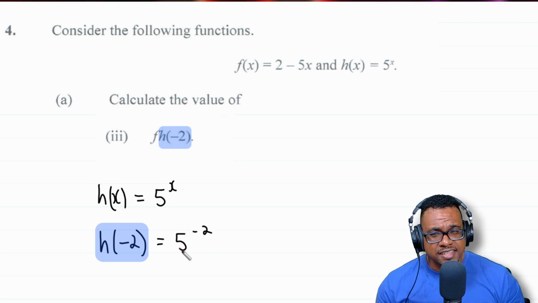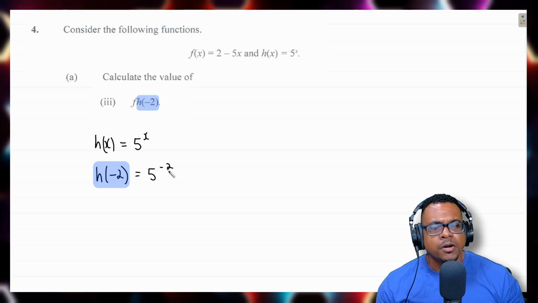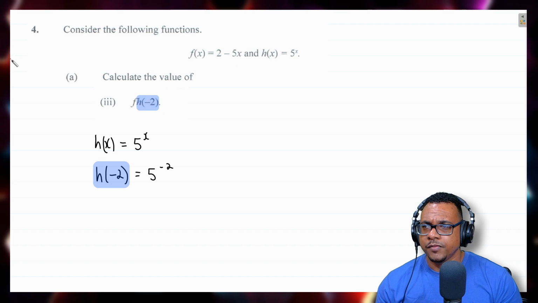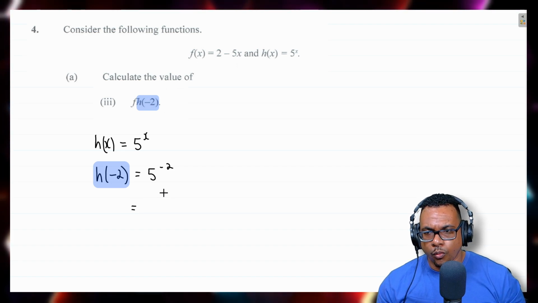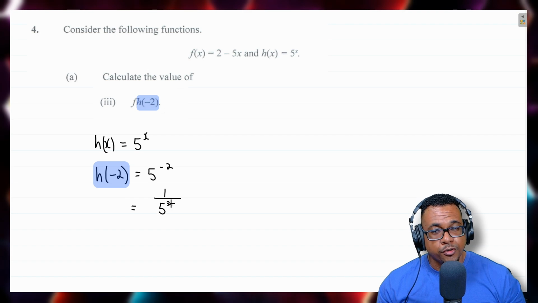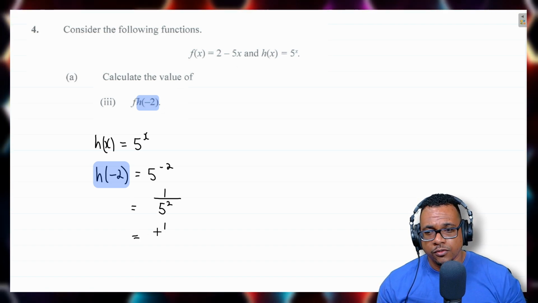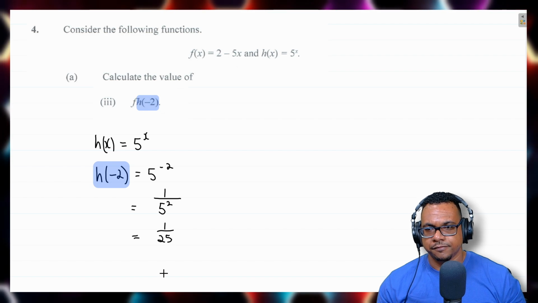Now we could use the calculator in paper 2, but I'm going to use the laws of indices here. We have the negative power, so that will be 1 over 5 to the power positive 2. And 5 squared is 25. So we have 1 over 25.